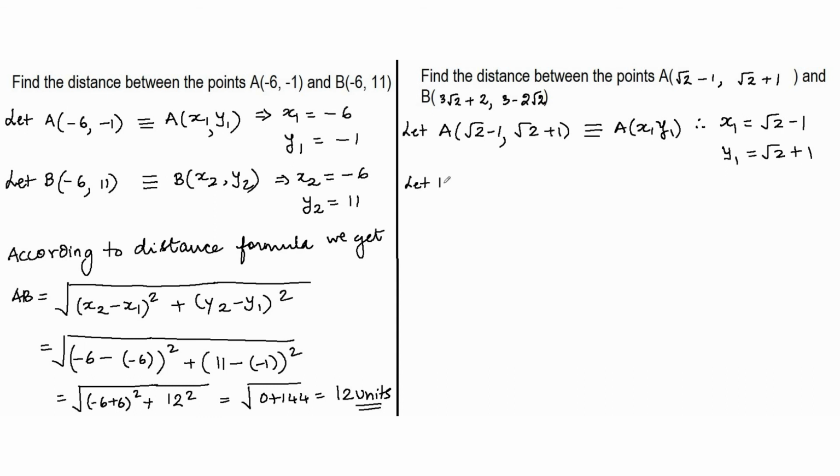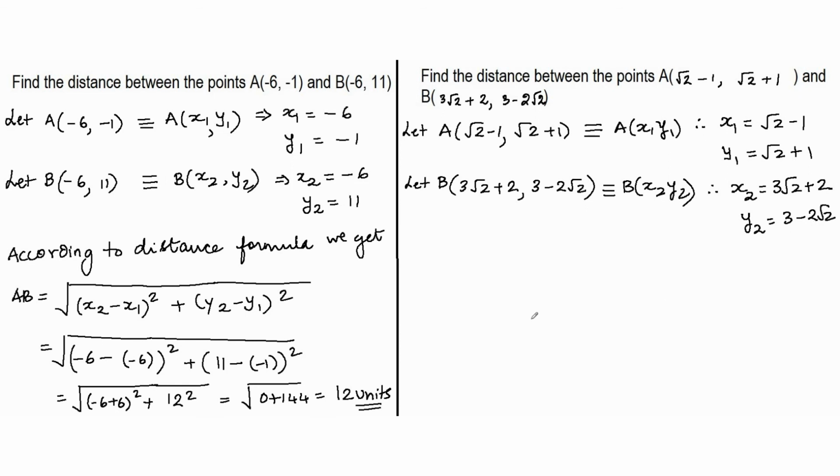Similarly, let B of 3 root 2 plus 2, 3 minus 2 root 2 correspond to B of x2, y2, and therefore I can say that x2 is 3 root 2 plus 2 and y2 is going to be 3 minus 2 root 2. Now the length AB is given by under root of.